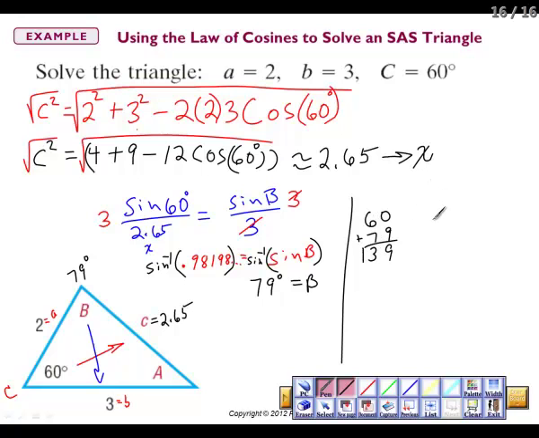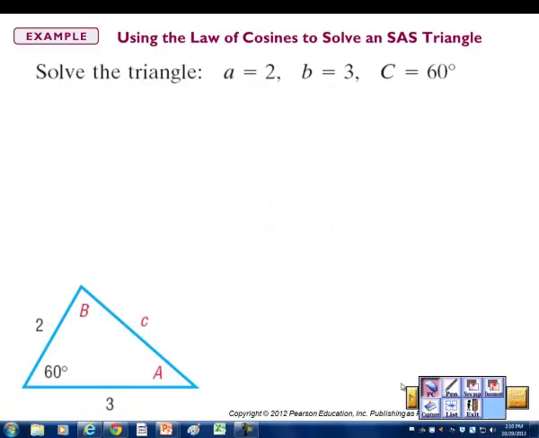So now we're going to take 180 minus 139, and that's going to be 41. We're going to have angle A is 41 degrees. And that's how we solve our triangle.